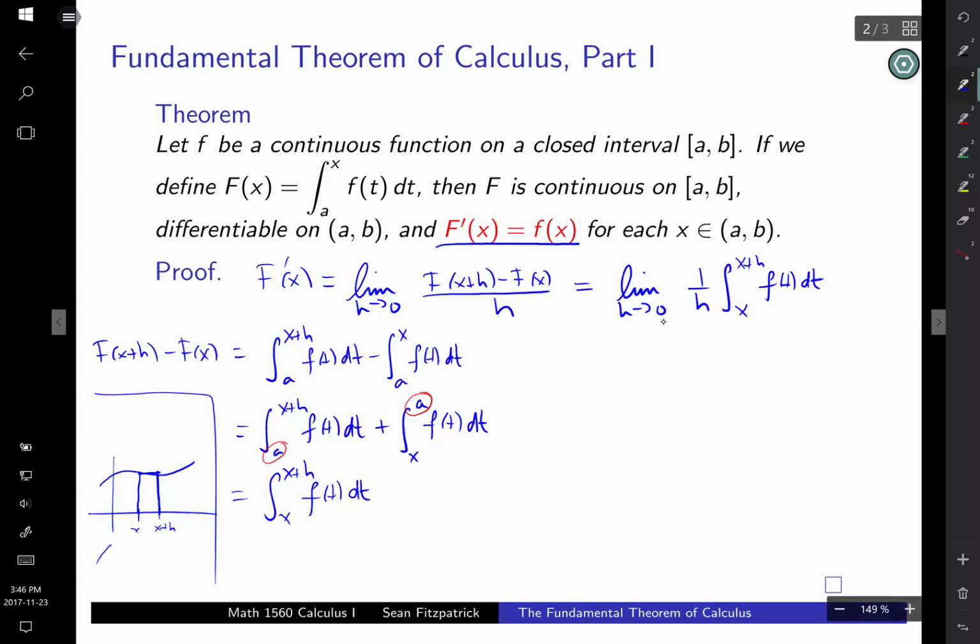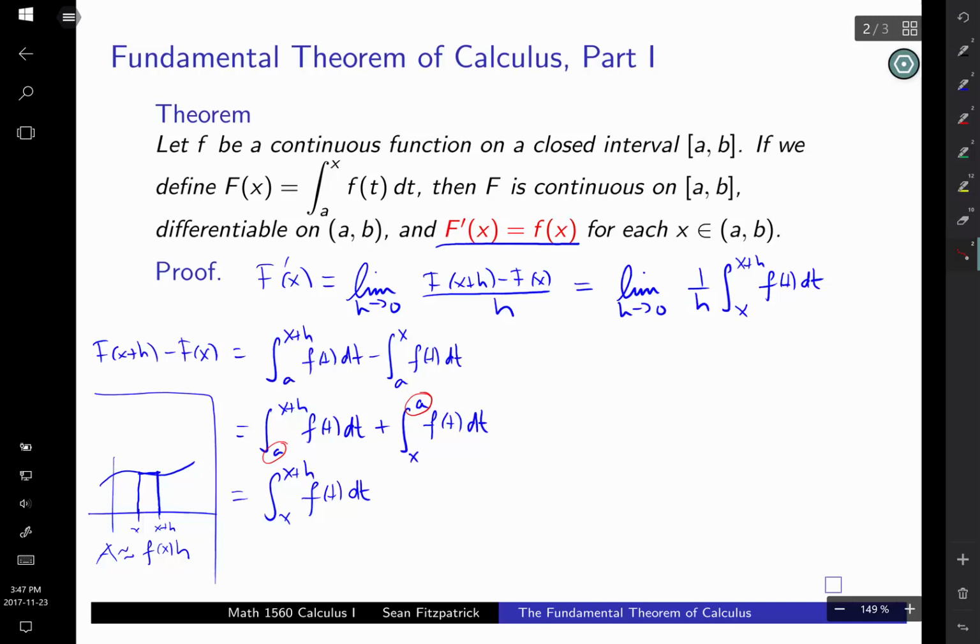And what would be the area? The area would be approximately f of x, which is the height, times h. And what is that approximating? That's approximating this, which is f of x plus h minus f of x.